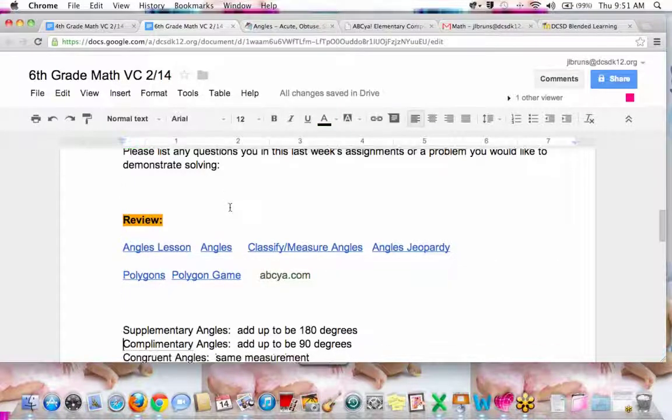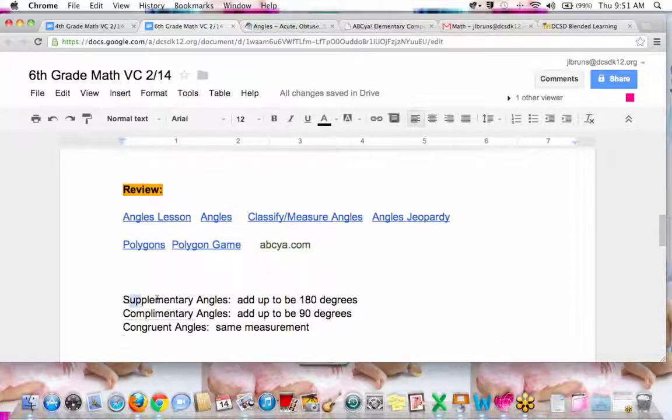Okay. Another thing that we needed to remember as far as angles: supplementary angles. When they are supplementary, they add up to be 180 degrees. So you can have an angle of 160 plus a 20-degree angle, and if it adds up to 180 degrees, it's going to make a straight angle.